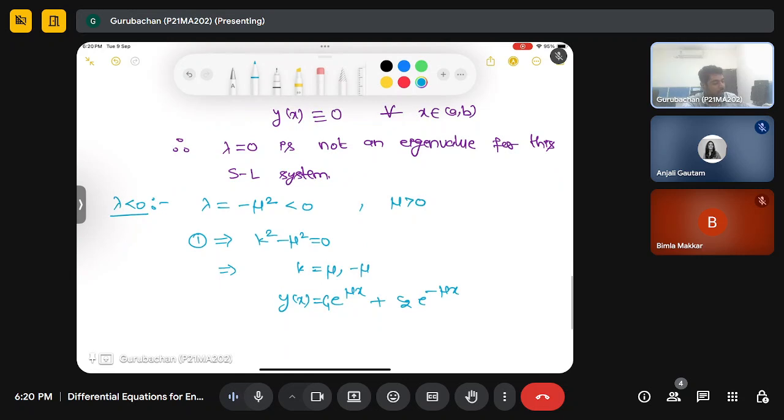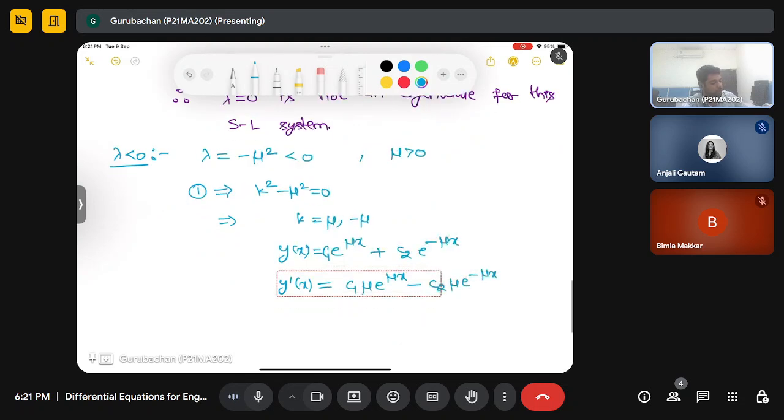Since we are going to need its derivative, we will do the derivative of it. By chain rule, it will be c1 mu e to the power mu x minus c2 mu e to the power minus mu x. So we have given that y(0) is 0. So this will give you c1 plus c2 is 0.